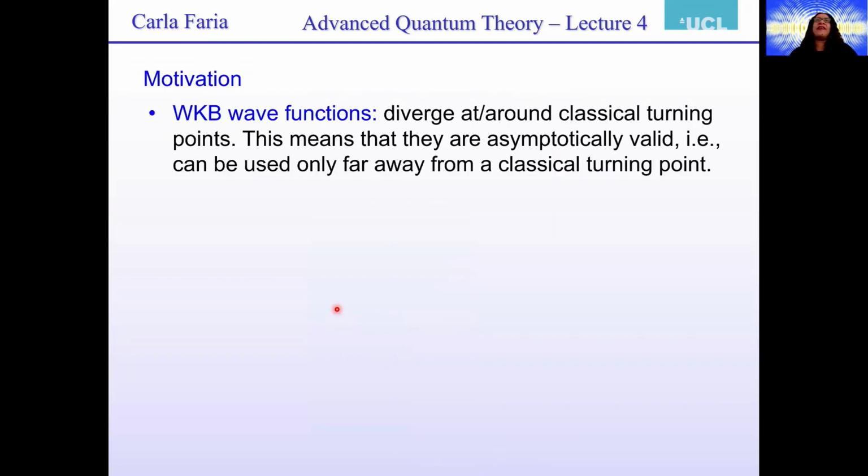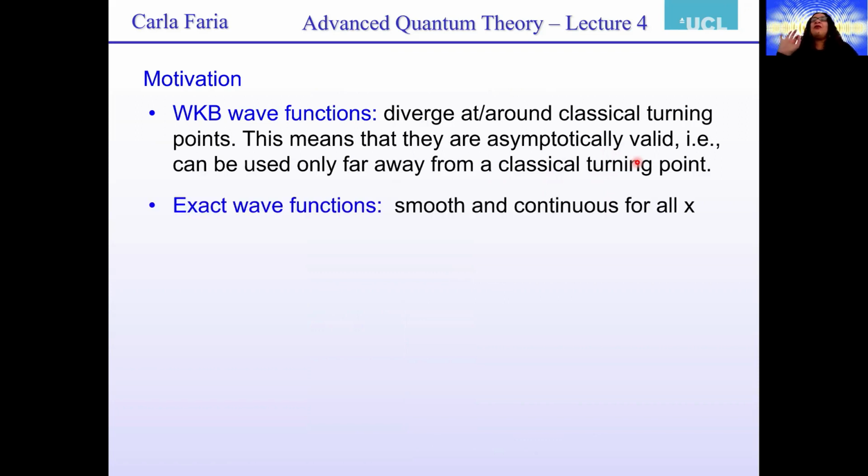And this is our motivation. So we know WKB solutions are asymptotically valid. They can be used only far away from the turning point, but we know as well that the exact wave functions are smooth and continuous for all x.